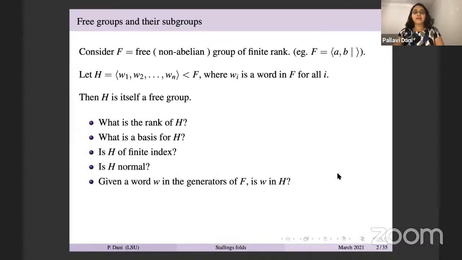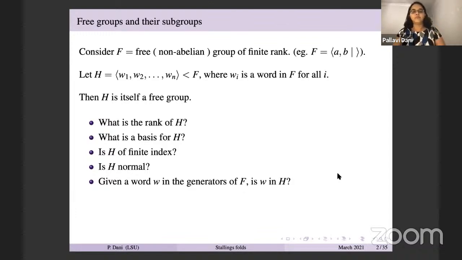Given a word W in the generators of F, is this word actually an element of the subgroup? So I should note that in general, elements of H are products of these words W1 to Wn that we started with. But if you take some arbitrary word in H, it's not necessarily going to be obviously able to be expressed in terms of those generators.